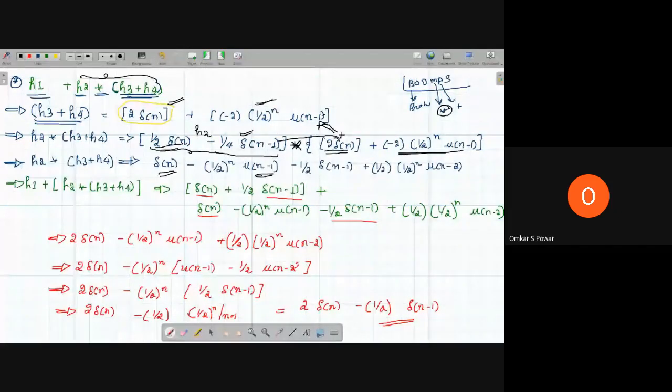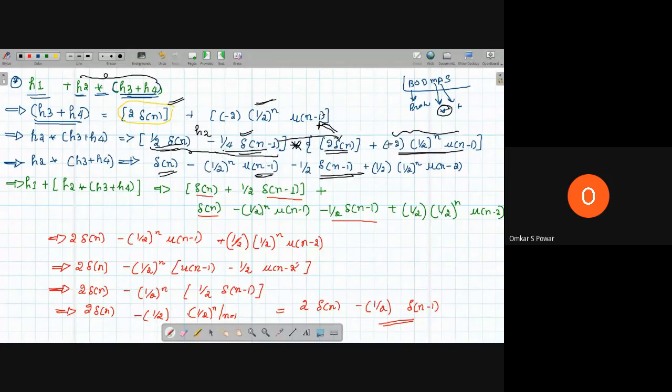So minus 1 by 4 into 2 is minus half, and del of n minus 1 convolved with del of n, you will get del of n minus 1. Then minus 1 by 4 del of n minus 1, you convolve with the last term. So minus 2 into minus 1 by 4 is plus 1 by 2. Then half power of n, del of n minus 1 convolved with u of n minus 1 is u of n minus 2. So you write this one.